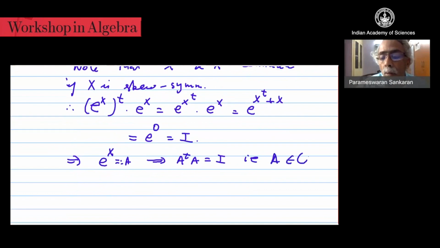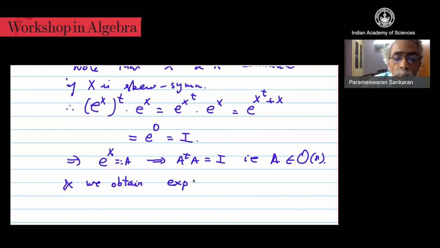So the exponential map maps skew symmetric matrices over real numbers to the orthogonal group On.